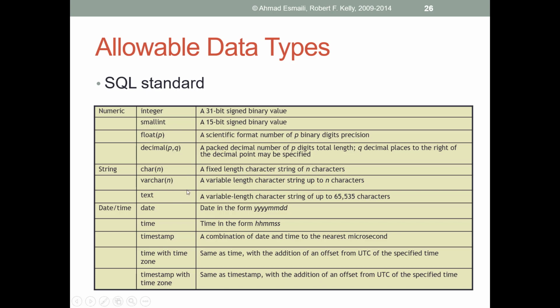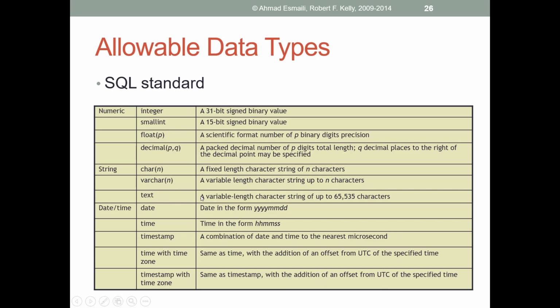Varchar is more flexible. If you set varchar 20, it can store up to 20 characters, but if a specific tuple has only 10 characters, it will only use 10. So varchar is more efficient in terms of space, but slower compared to char.